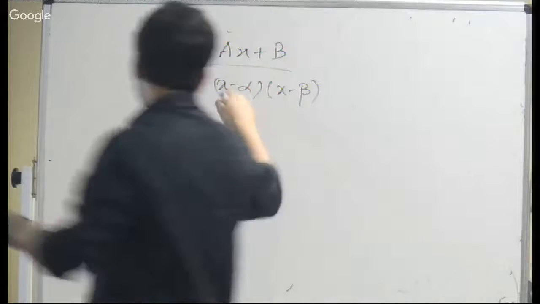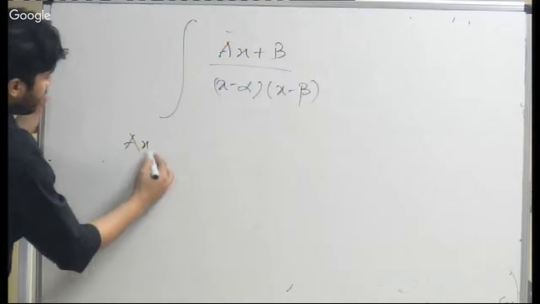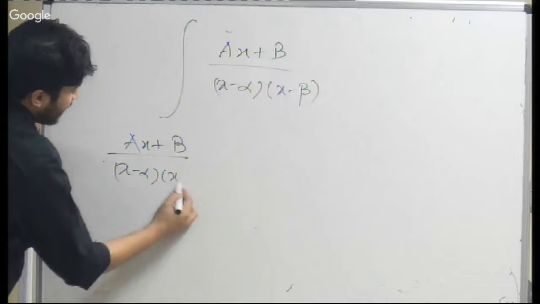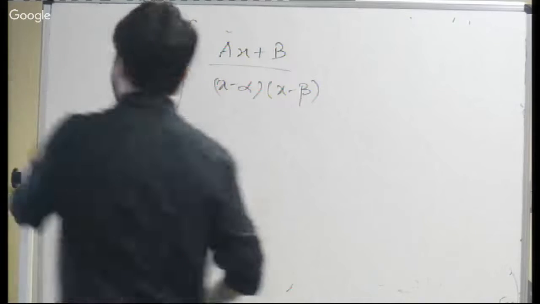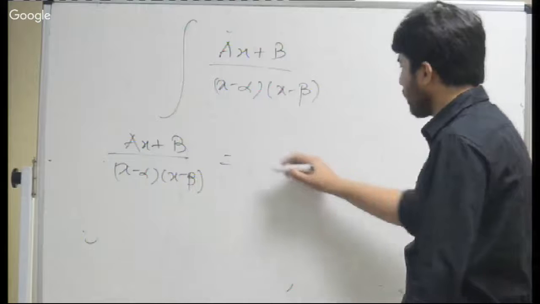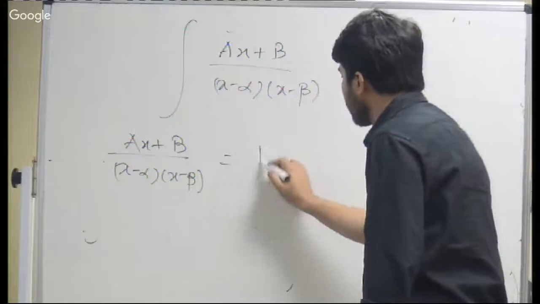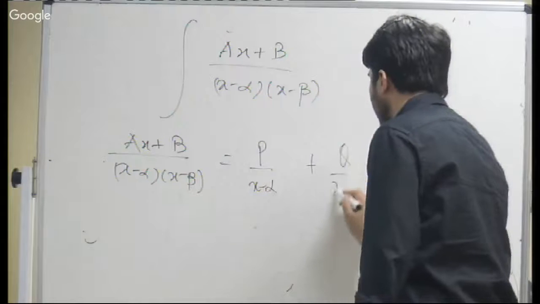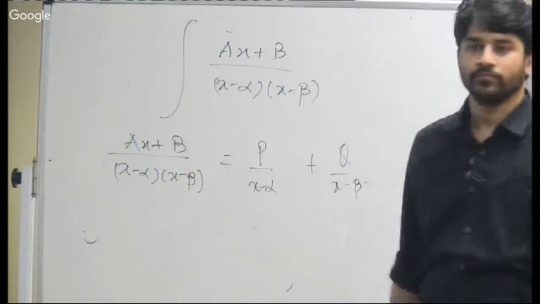So I'm going to say that (ax plus b) upon (x minus alpha) into (x minus beta) can be written as p by (x minus alpha) plus q by (x minus beta). Right?